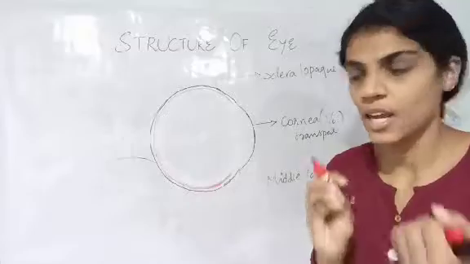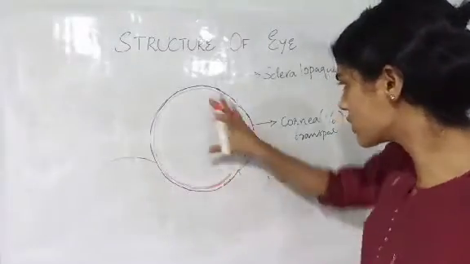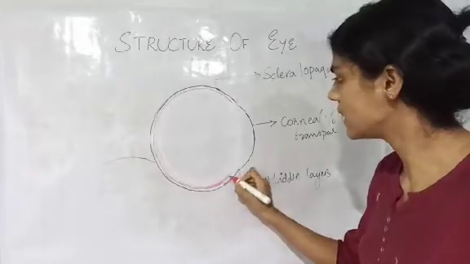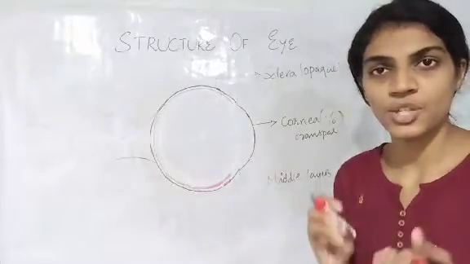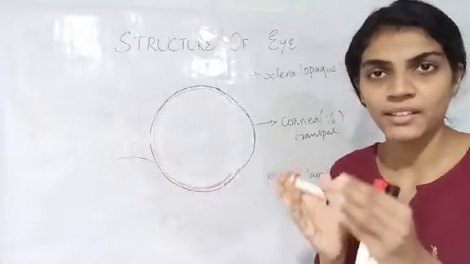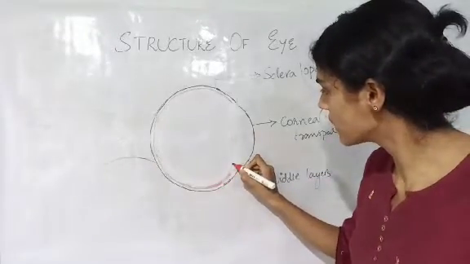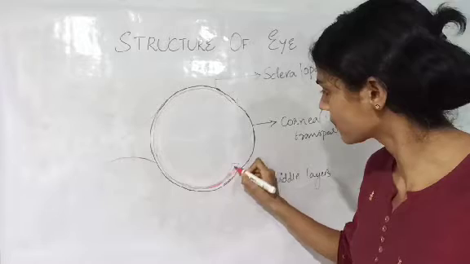Okay, choroid, when it reaches anteriorly, this one is the anterior portion, this is the posterior portion. When it reaches the anterior portion, this choroid will make a thickening. Okay, the anterior portion of the choroid is thickened.